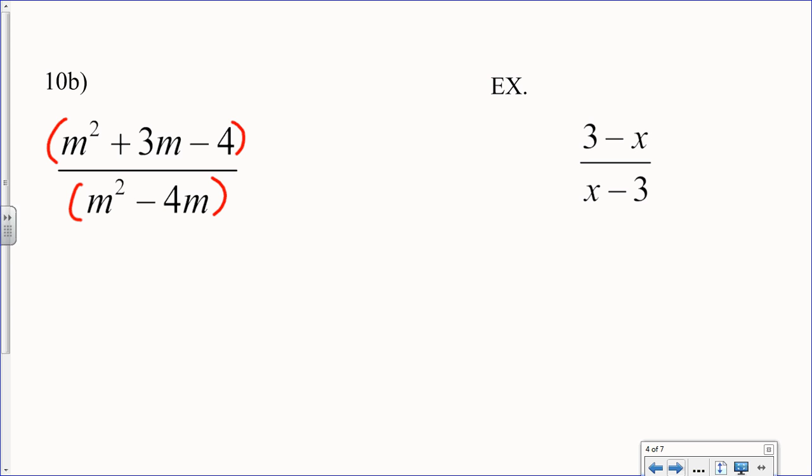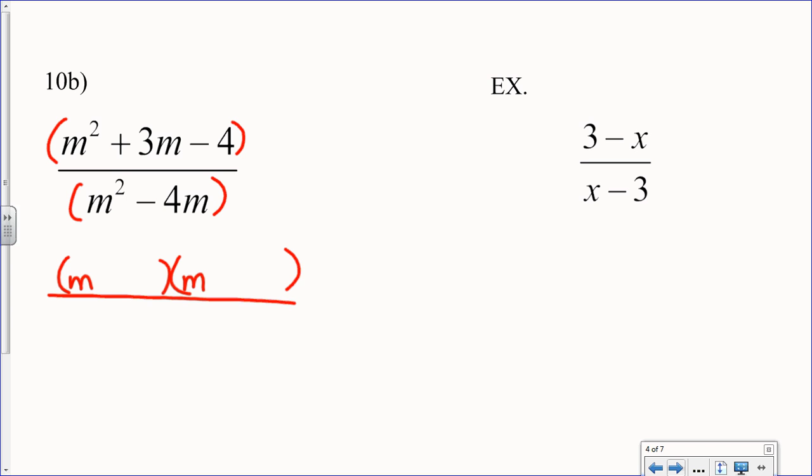No, but it's a quadratic trinomial, so I still need to see if it factors. I'm going to check to see if it factors to two binomials. It does. So I know I'm going to have m and m.